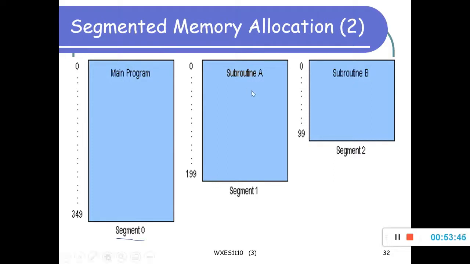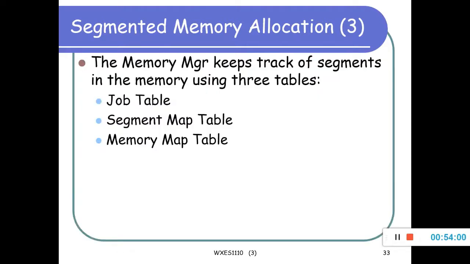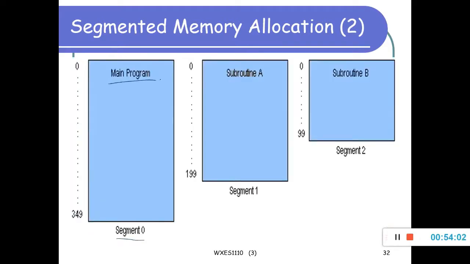Here you have job 1, composed of a main program and two subroutines, together with the segment map table and actual main memory allocation. Segment 0 is the main program, segment 1 is subroutine A, and segment 2 is subroutine B.